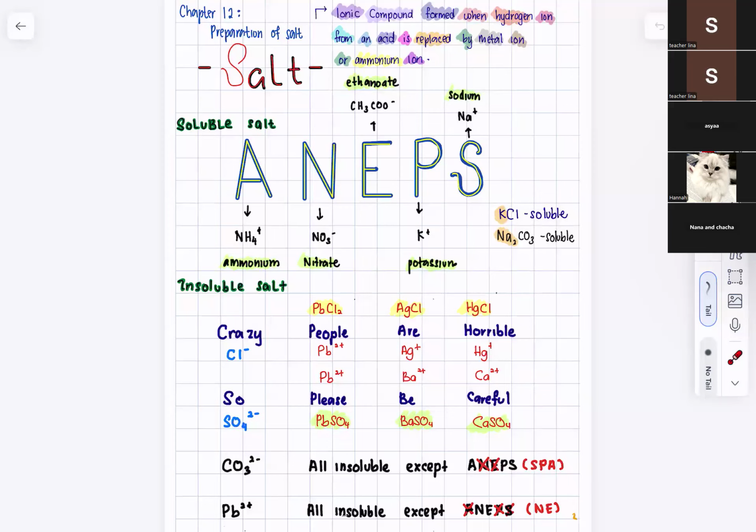Barium chloride. Soluble. Okay, soluble. Calcium sulfate. Insoluble. Okay. The last, if you're wrong, back to the one before.